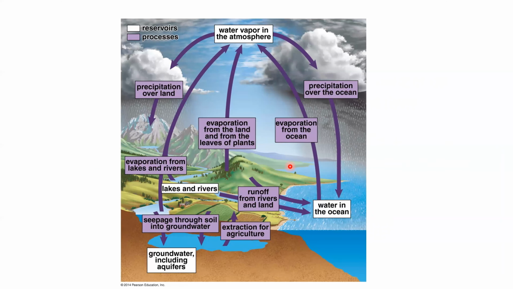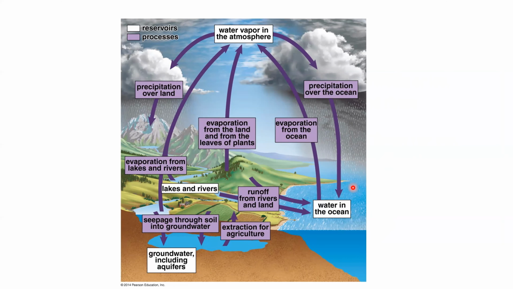So water is stored in different reservoirs, and then it's just moving between these reservoirs, completing this cycle. And this cycle is driven by the sun's energy. Every single drop of water that we drink today is the same water that dinosaurs were drinking 65 million years ago, right? And even before that.